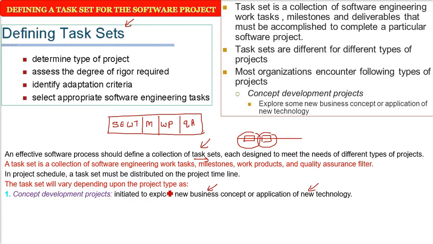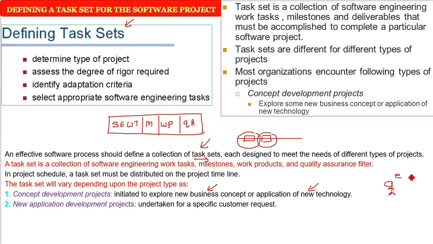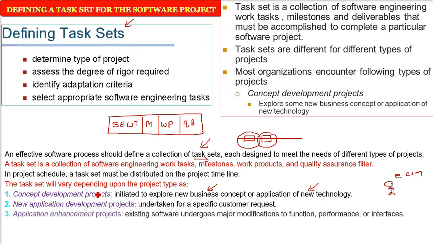Say new technology has come, a new business concept has come. Now concept development projects work for that. The second type is new application development projects. Now a customer is coming to you. He says, I want an e-commerce website. That is a new application development project, because this is a specific customer request.